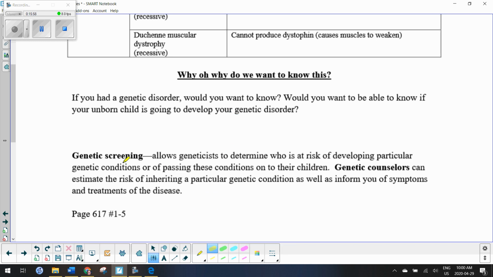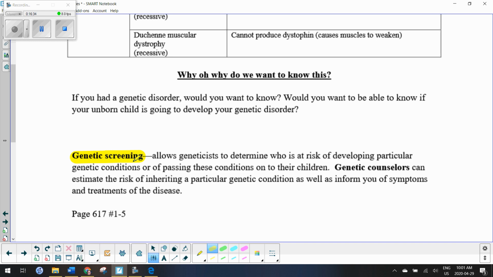So, moving on to genetic screening. Genetic screening allows geneticists, so scientists that study the human genome, so the karyotype, to determine who is at risk for developing certain genetic conditions or passing these genetic conditions onto their children. So genetic screening can be done by using chorionic villi sampling, so the sampling of the villi during pregnancy, or can be done by doing an amniocentesis.